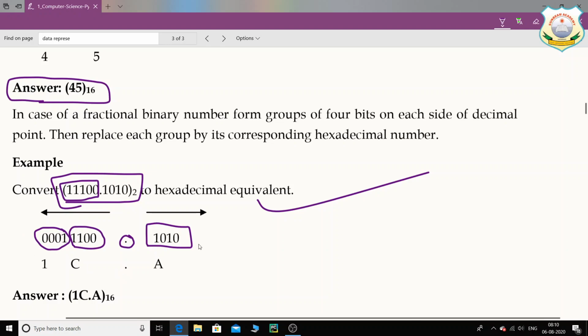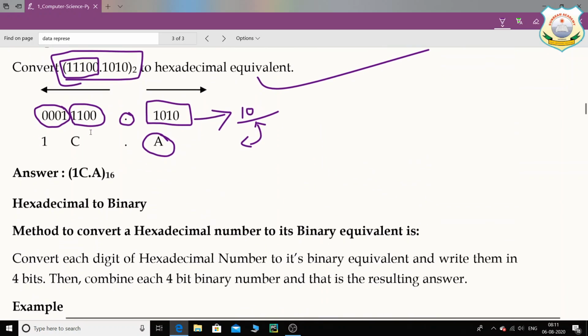And then this is also 1 0 1 0, right? So 1 0 1 0, this is what? This is the binary 10, and 10 in hexadecimal is the symbol A, right? And this is C. Why is this C? Because this is 8 and 4, that is 12, right?